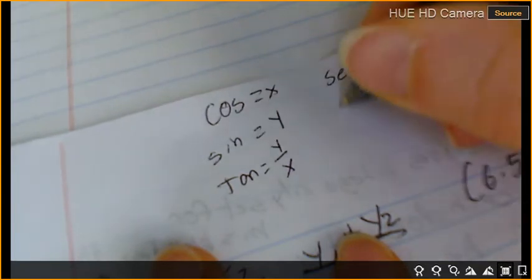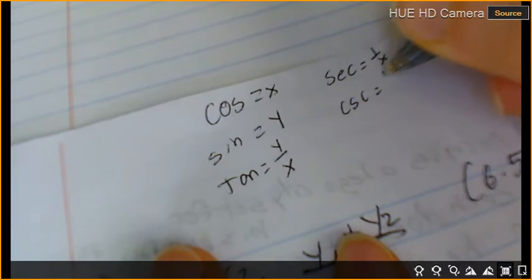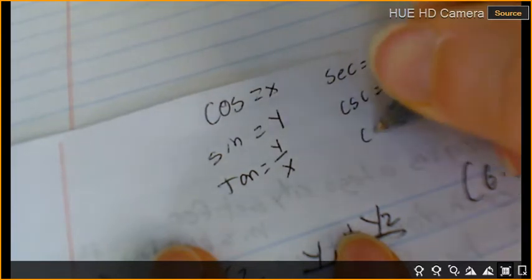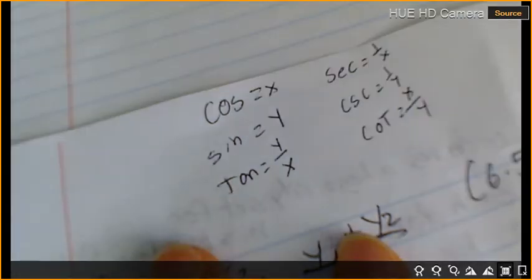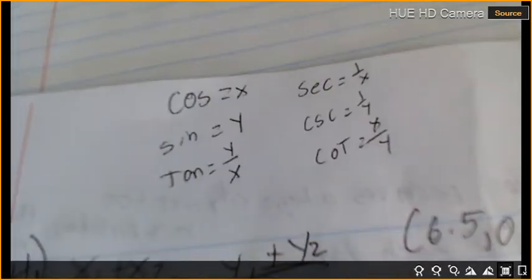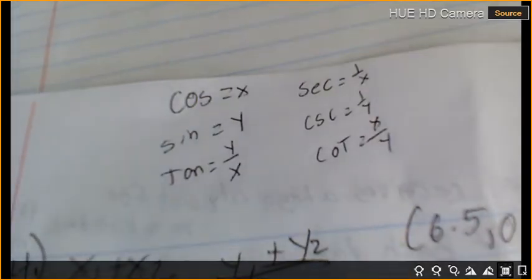What is cosecant? And what is cotangent? X over y. Those things you do have to have memorized. They will not be given to you. I'll give you the unit circle, but I'm not going to tell you what sine, cosine, tangent, secant, cosecant, or cotangent are.